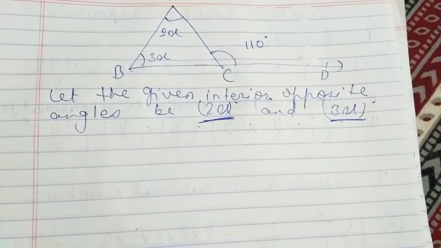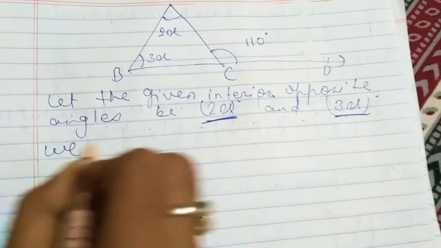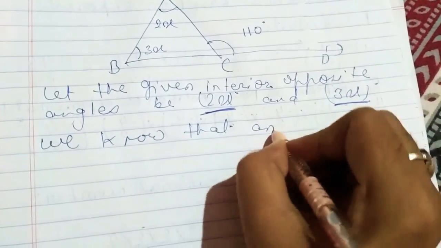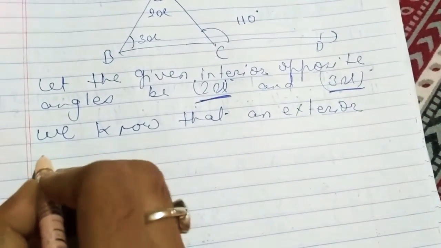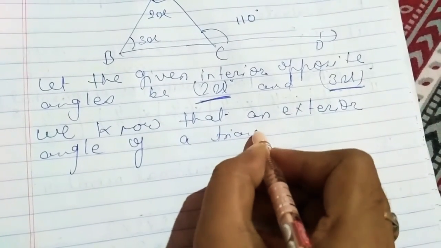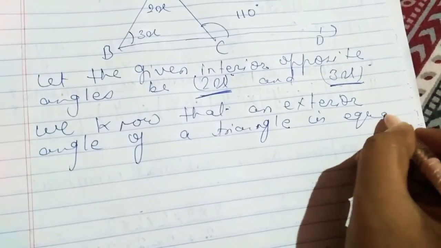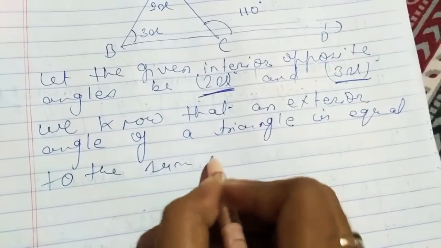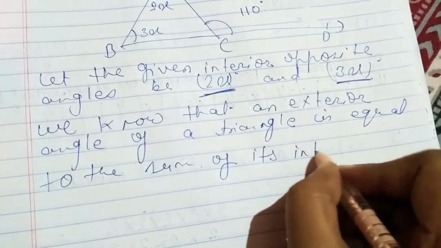Now you have to find out according to the exterior angle property. So just write, we know that an exterior angle of a triangle is equal to the sum of its interior opposite angles.